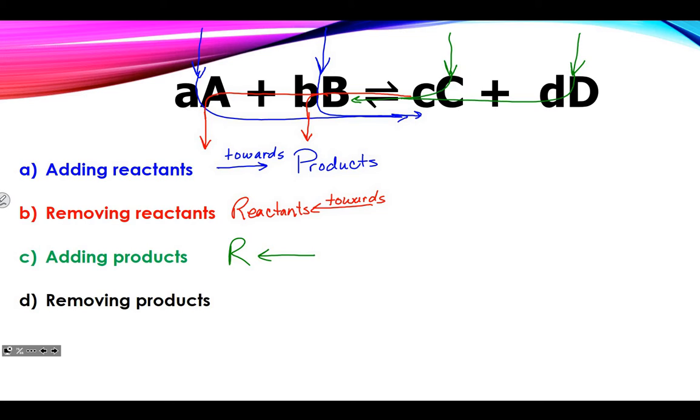I'm shortcutting already. On the next one, it says removing. So I'm going down here. Good. It's got to cross that arrow again. So in order to cross the arrow, it's got to go down towards the product. So towards my products.